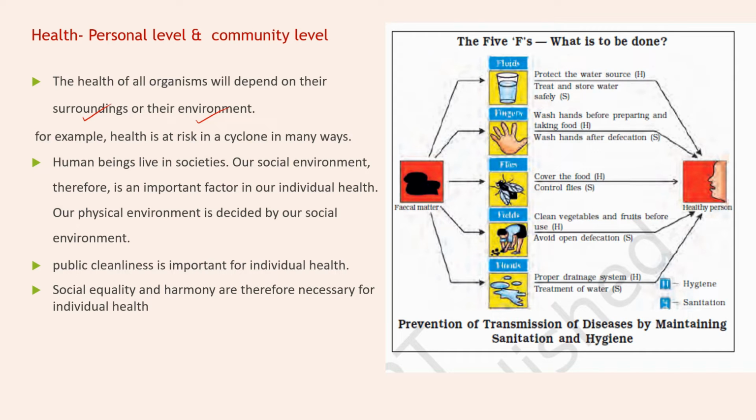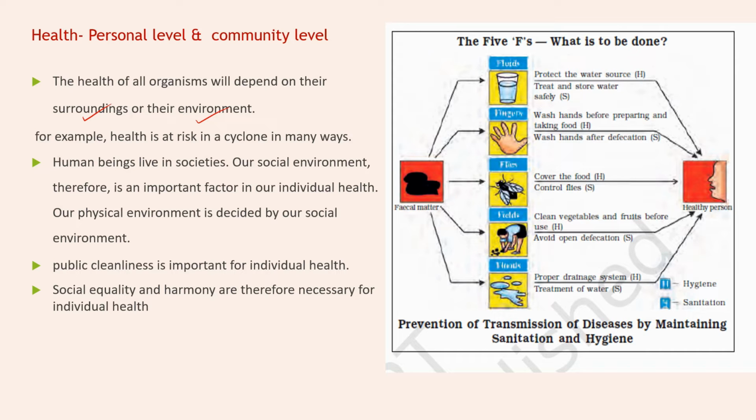So the health of all organisms will depend upon their surroundings or their environment. For example, health is at risk in a cyclone in many ways. When a community is affected by a cyclone, then health is at major risk.